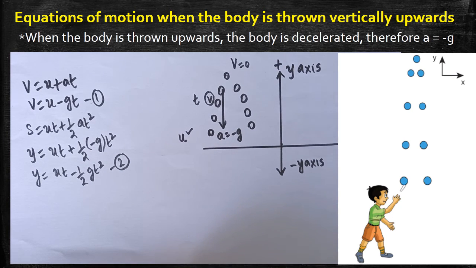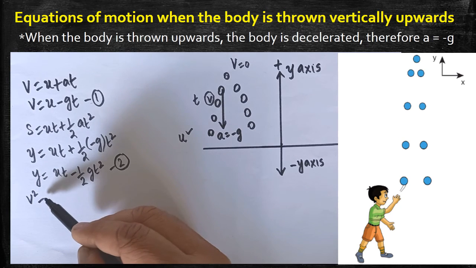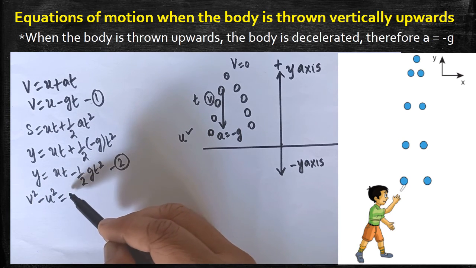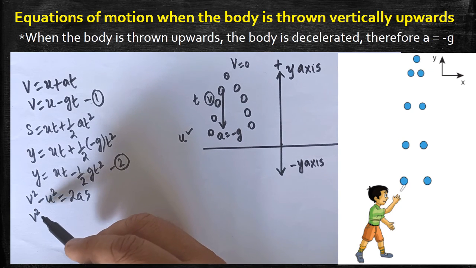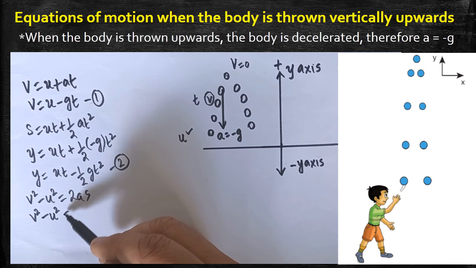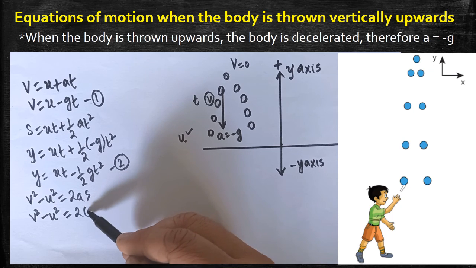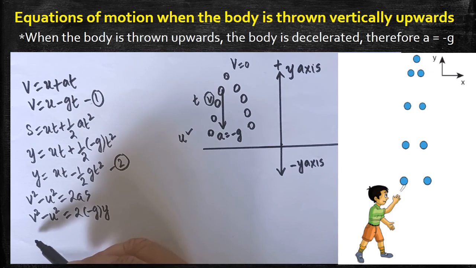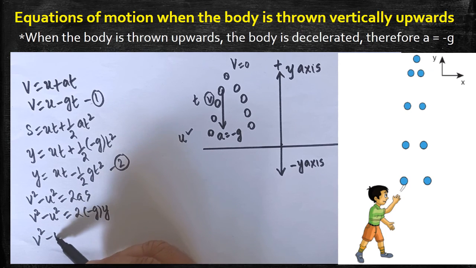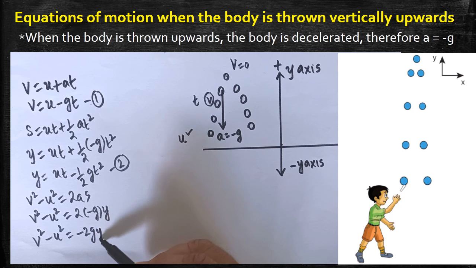Now we are going to derive the third equation of motion. v square minus u square is equal to 2as is the equation. v square, at any instant, velocity is v. Initial velocity is also given, is equal to 2 times a s. Instead of a, substitute minus g. The vertical displacement is y. So finally the equation becomes v square minus u square is equal to minus 2gy.